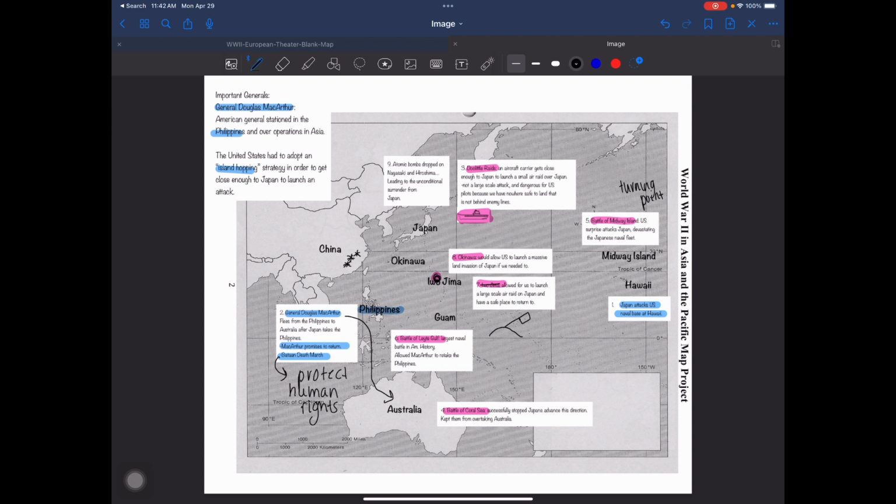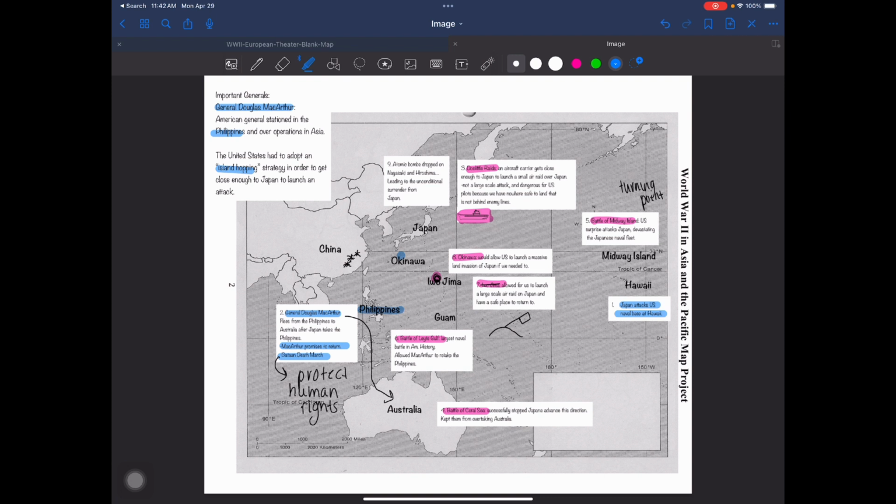And even better, from there, we're going to get the battle where we take over an island very close to Japan, Okinawa. And its significance is, at this point, we've hopped close enough to Japan. We plan to do a land invasion. And Okinawa is going to be the island that we're going to be able to launch that land invasion from.